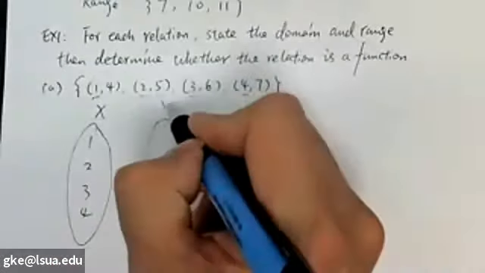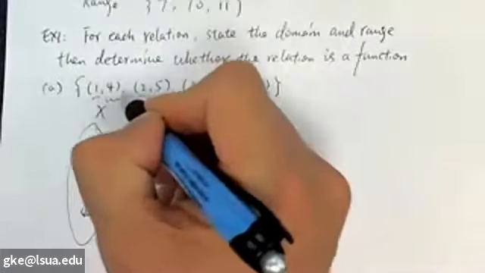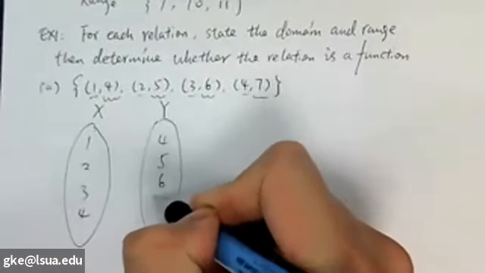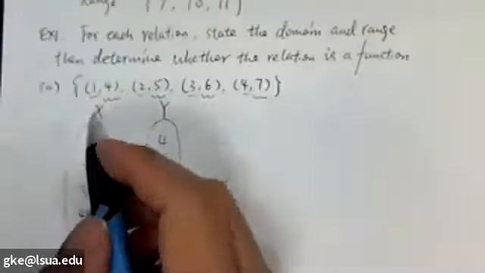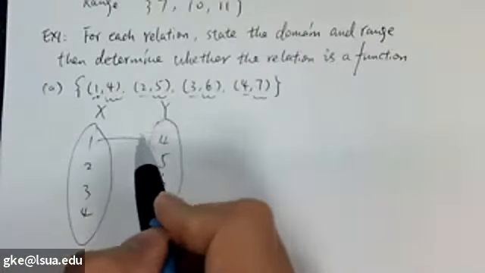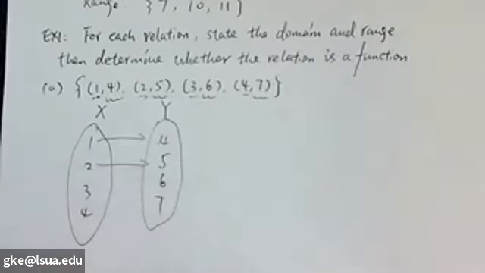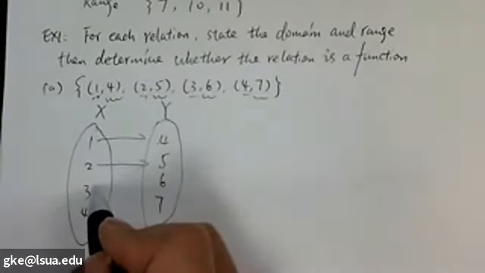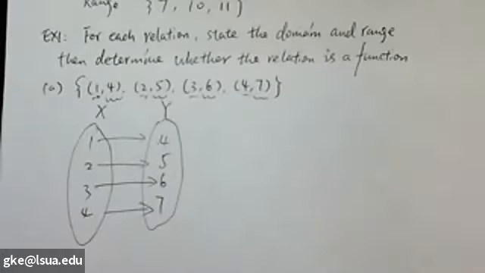And the Y set is going to be the Y coordinates. We can see 1 corresponds to 4, 2 corresponds to 5, 3 corresponds to 6, 4 corresponds to 7.